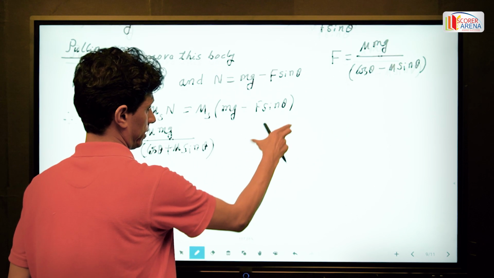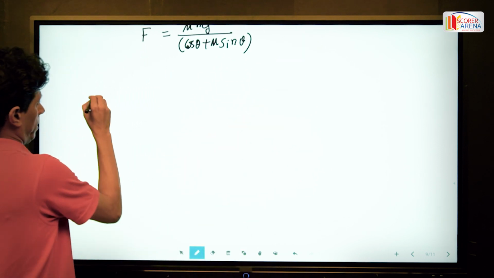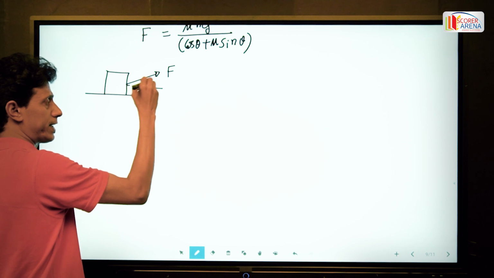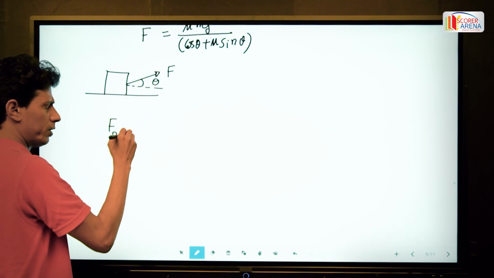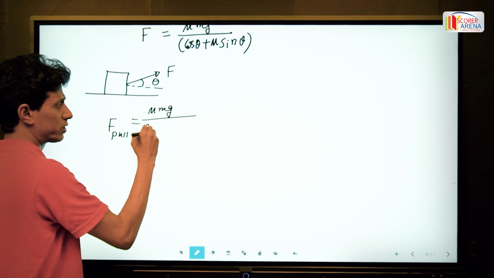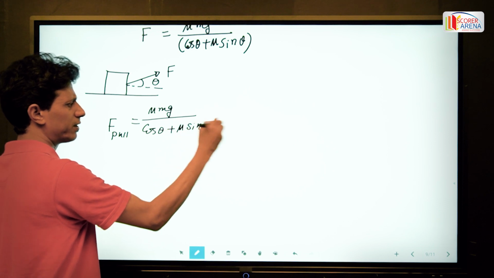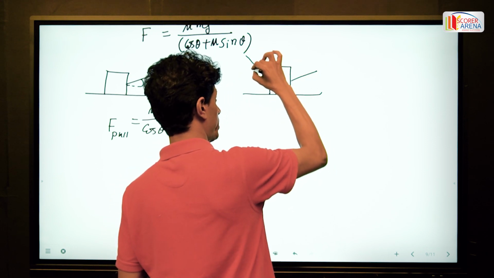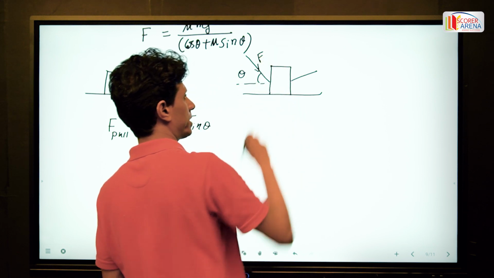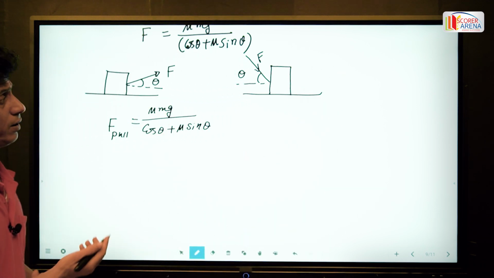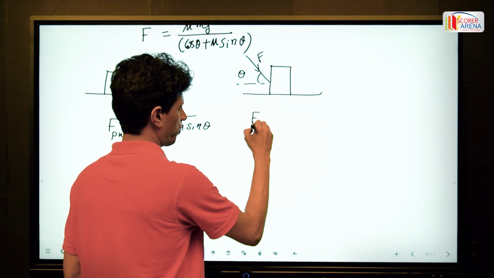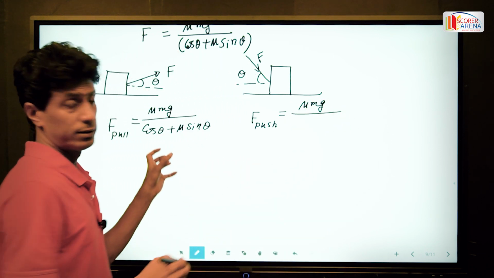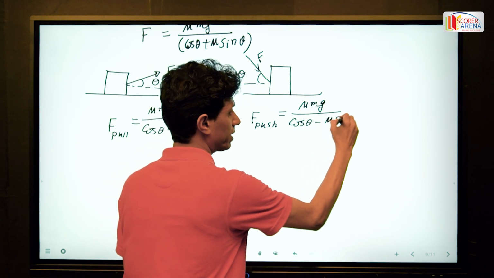So F pull is equal to mu mg by cos theta plus mu sin theta, and F push is equal to mu mg by cos theta minus mu sin theta.